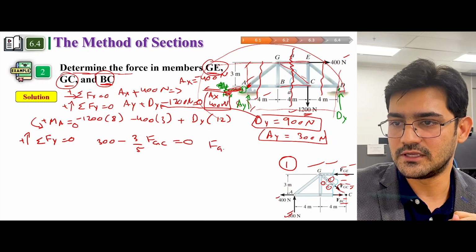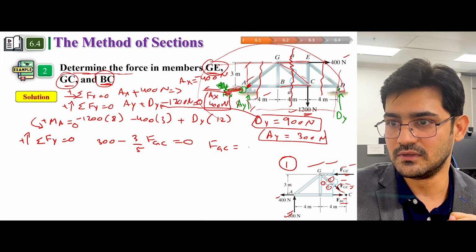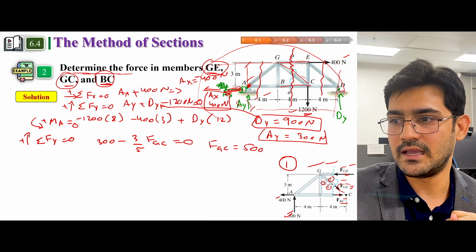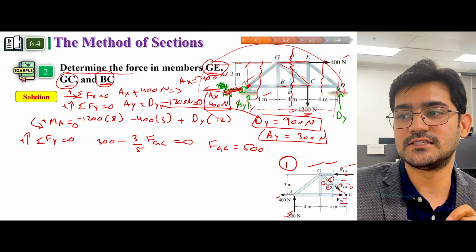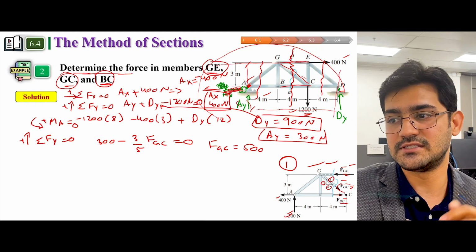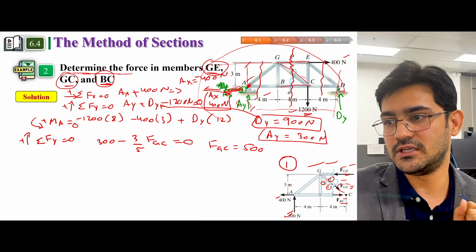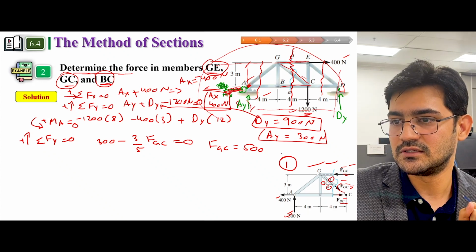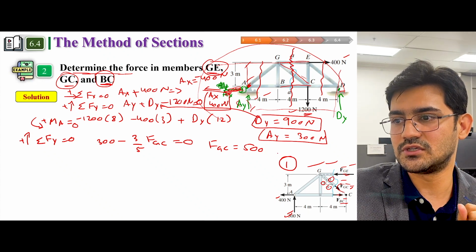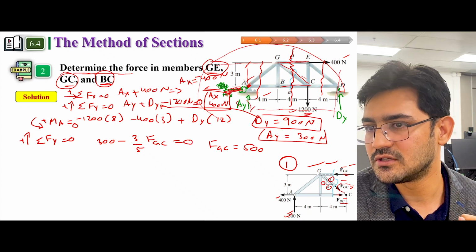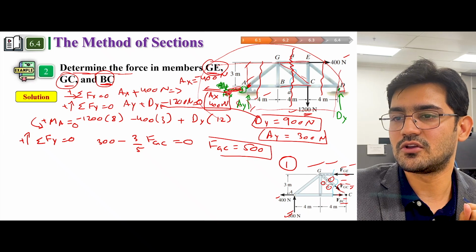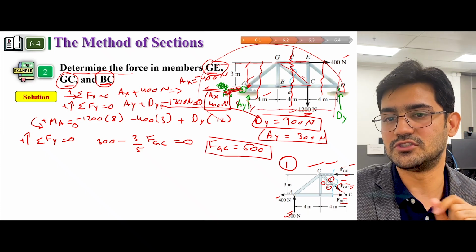If you solve this, you will get FGC equal to 500. And I'm getting a positive result, so it means whatever direction we assumed was correct. We assumed FGC towards the joint, so it's a compression force if it's towards the joint.